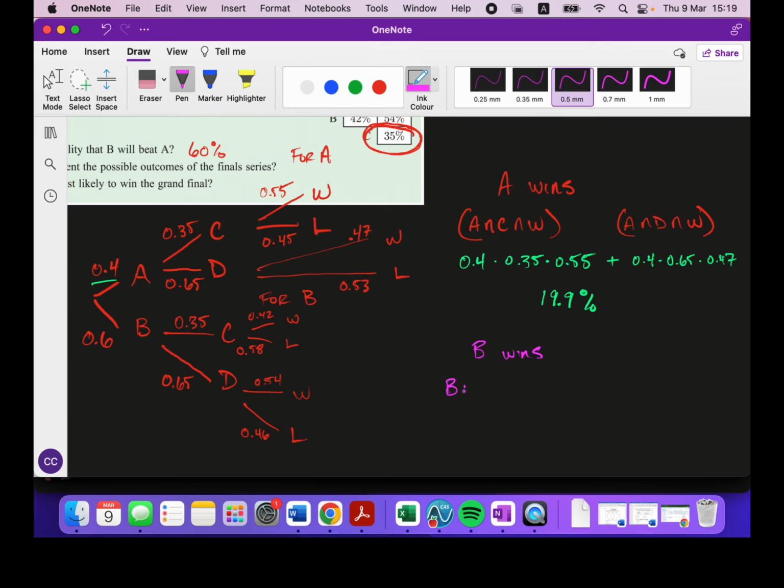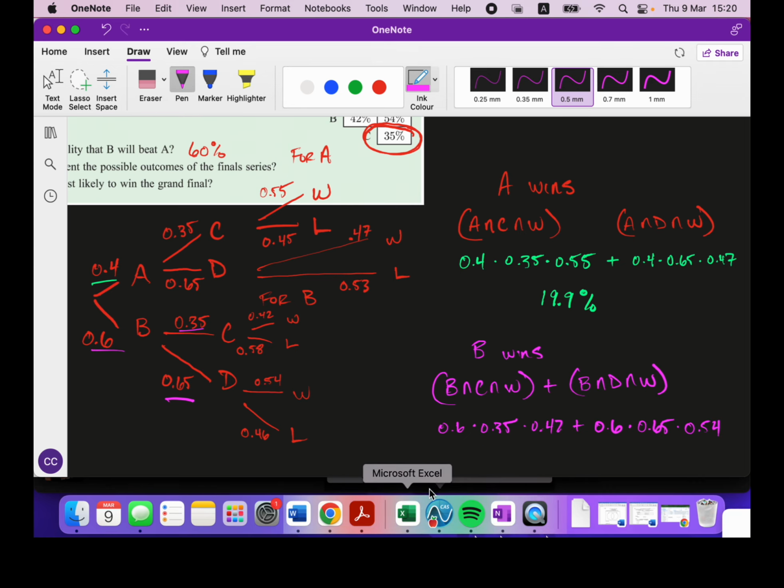So B wins. Again, that's B plays against C and then beats C, plus B wins the first game, plays against D, and then wins against D. Okay, so B winning, that's 0.6, I'm sorry, 0.6 times 0.35, grabbing those two, times 0.42, plus that same 0.6, times playing against D, which is 0.65, grabbing it here, and then winning against D is 0.54.